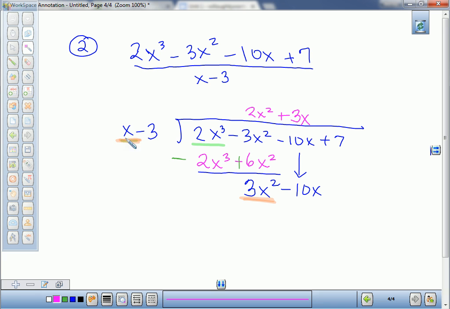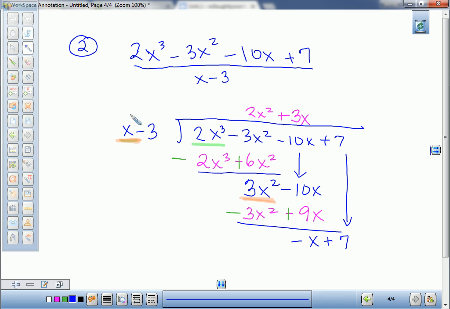So the 3x has to get multiplied by both of those. So we get 3x squared and then negative 9x. And then we subtract, which changes all of our signs. And we're left with negative x, bring it down, plus 7.